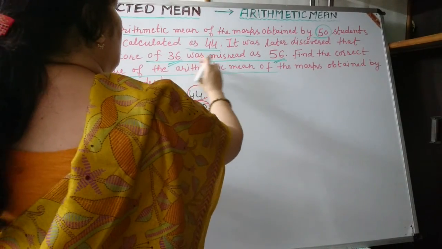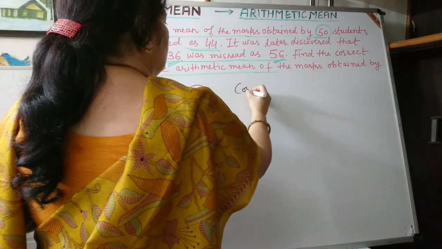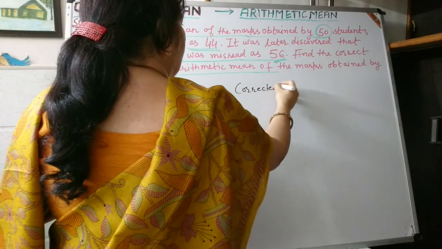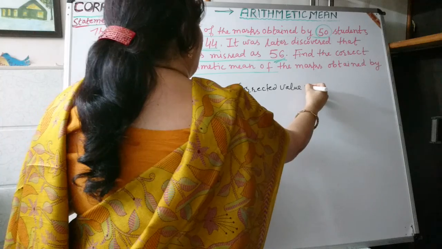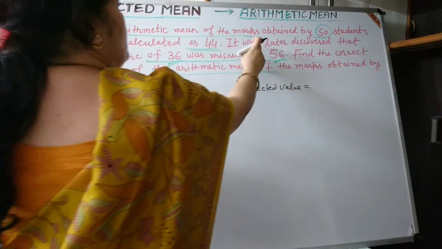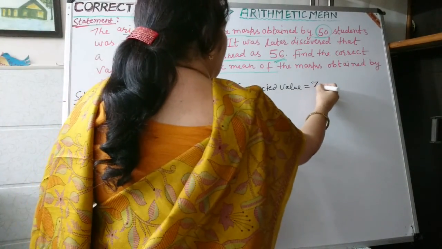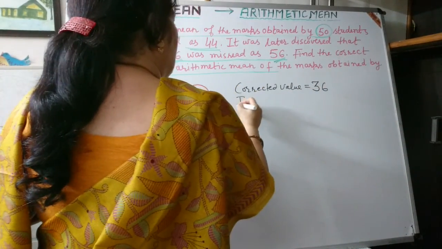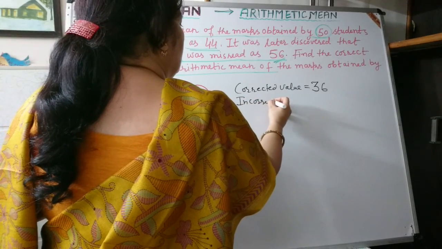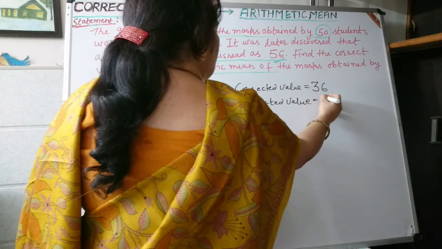The corrected value was 36. It was later discovered that a score of 36, it means the actual value was 36, and it was read as 56.